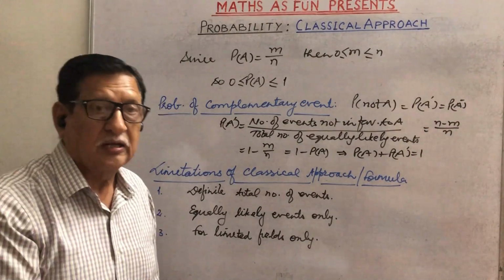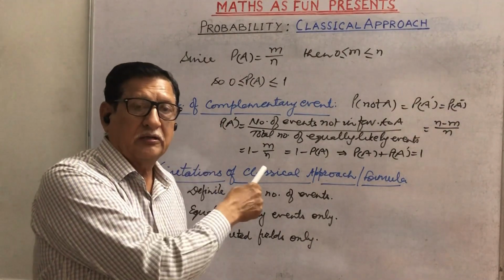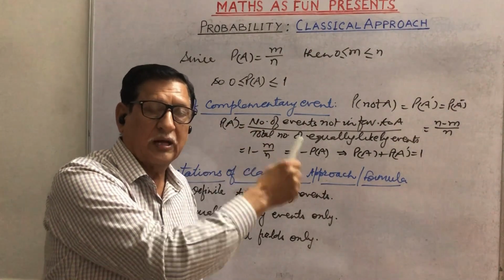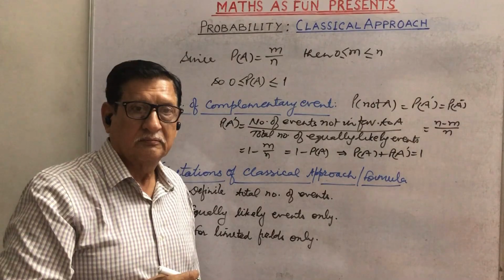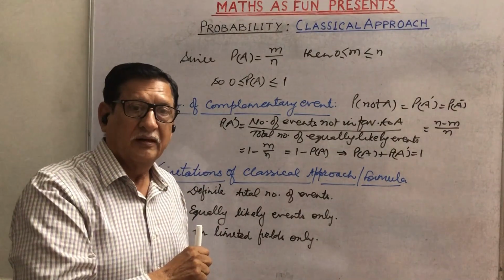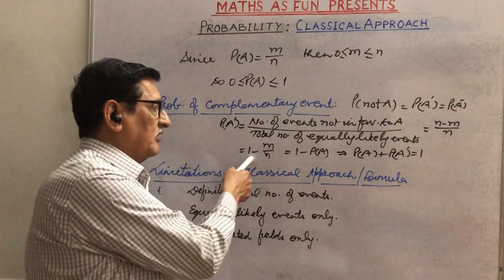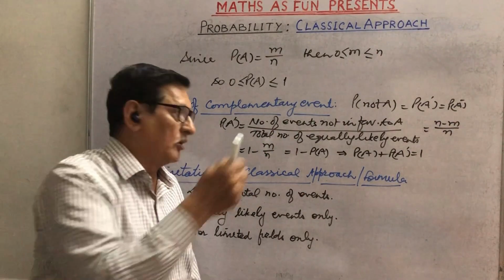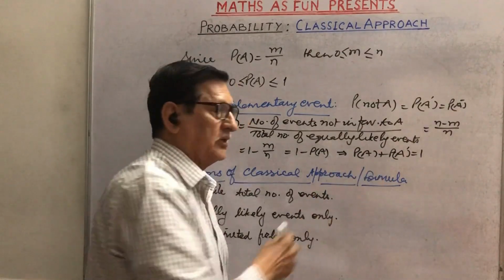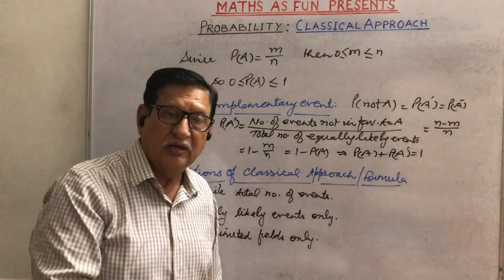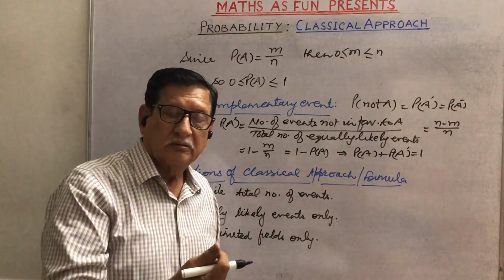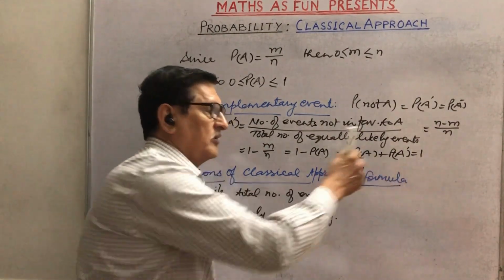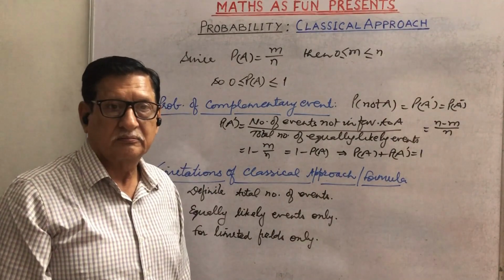So we can say that the complementary event is the event when the event A does not happen, or not A, and the probability of that will be equal to 1 minus the probability of happening of A. And also we find that the sum of the probability of any event A and the probability of its complementary event will be 1.